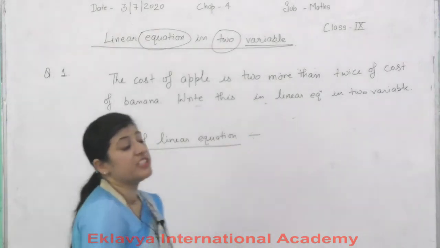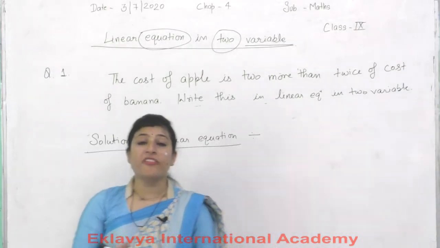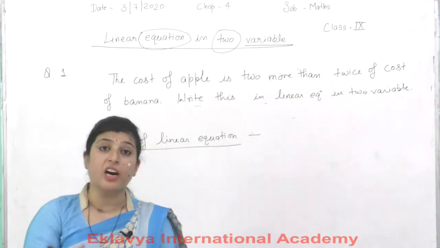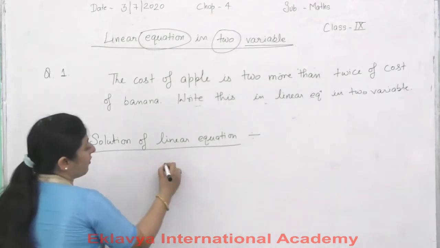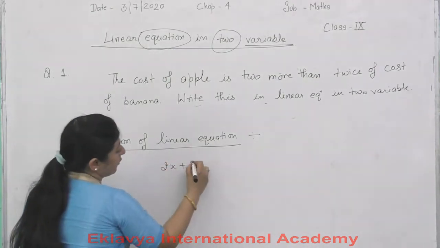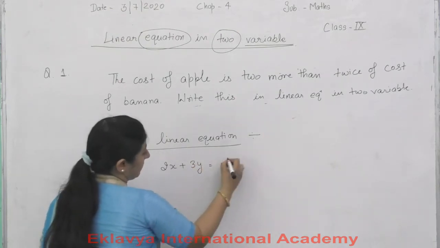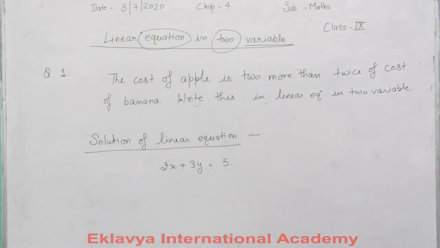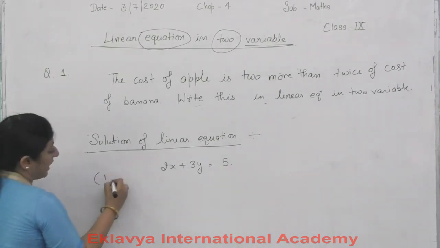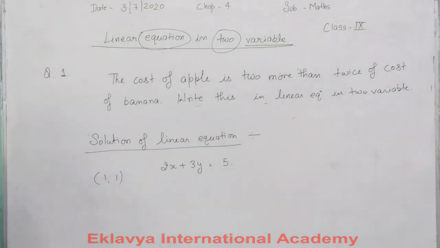Whichever values of x and y satisfy our given equation, that is called the solution of our linear equation. Suppose I write one equation, 2x plus 3y is equal to 5. Then I say that 1 comma 1 is the solution of this linear equation in two variables. Is it right or wrong?